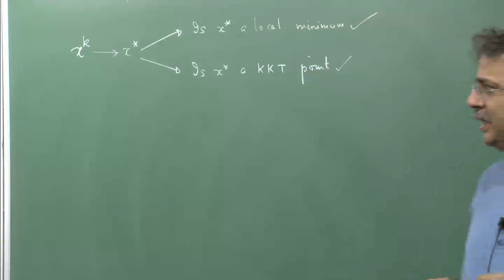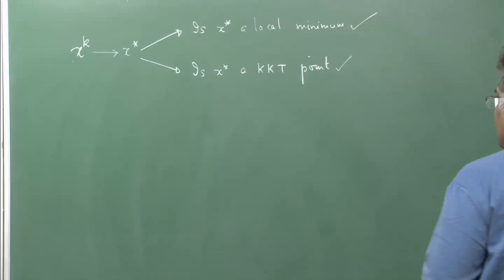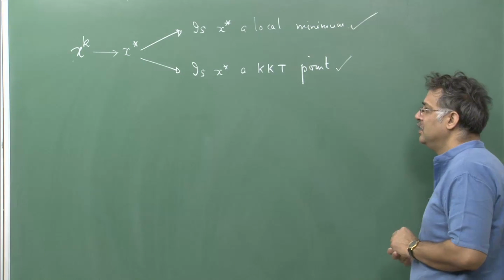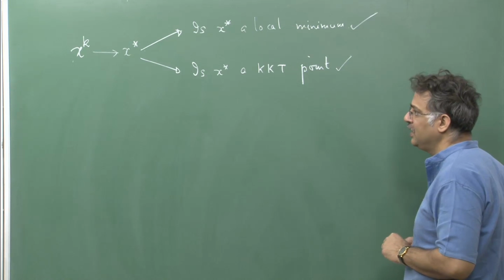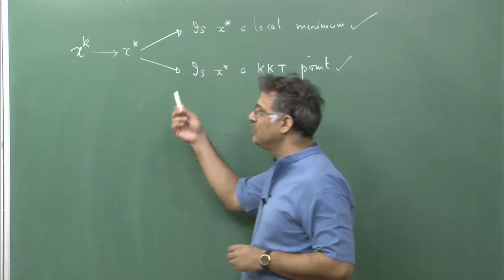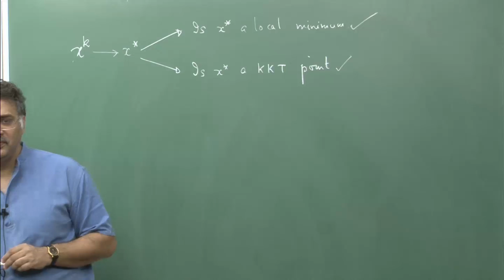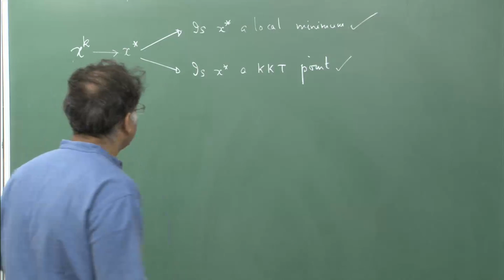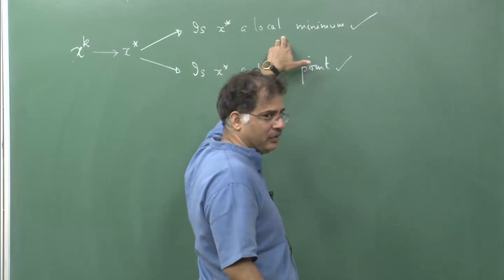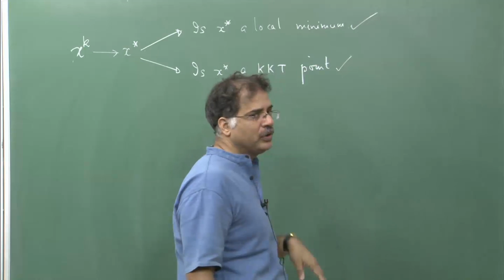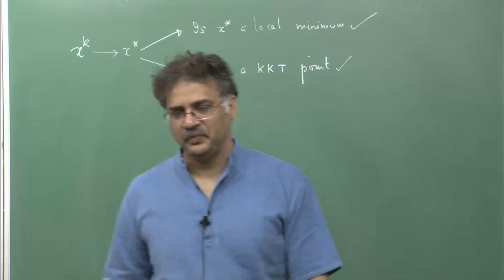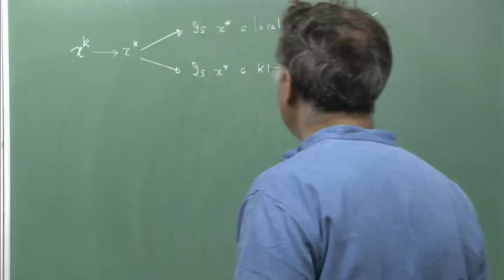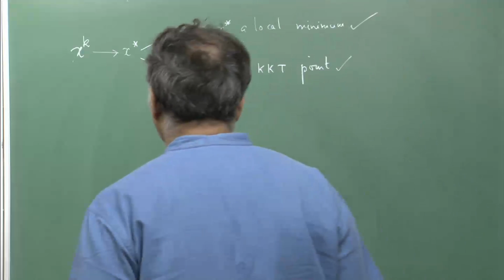Now, let me tell you, it does not come for free, that you cannot just say that whenever xk goes to x star, I would freely have this condition. This fact you have to forget for the time being. This fact also you cannot say that you will freely have it. So, what sort of condition do you need to satisfy at x star?